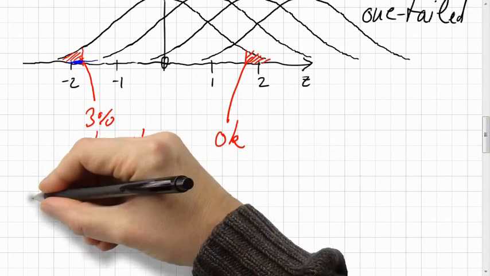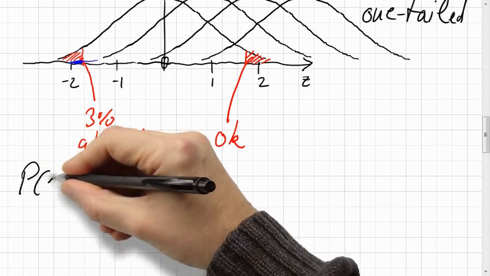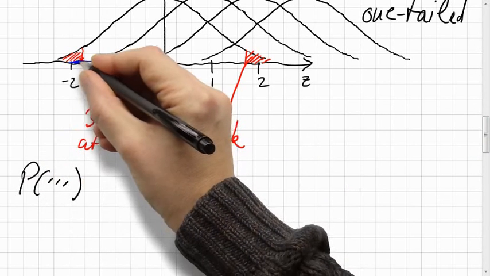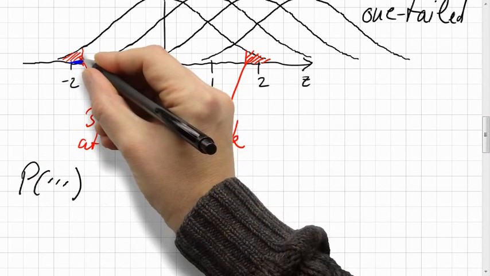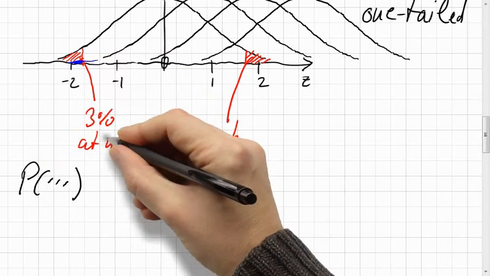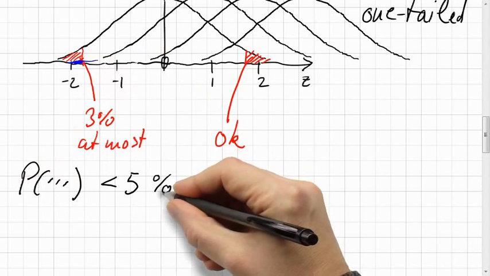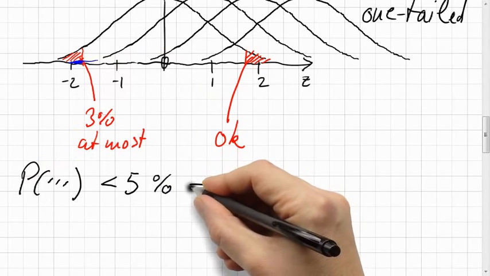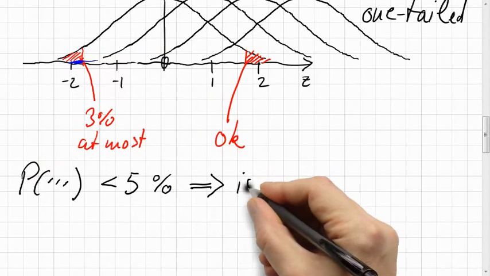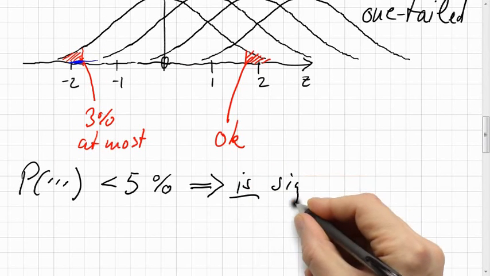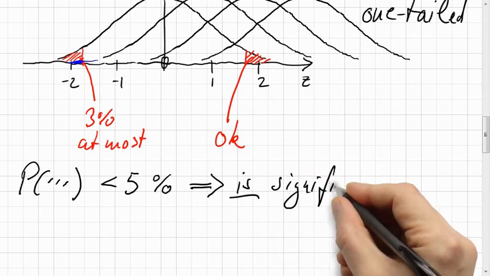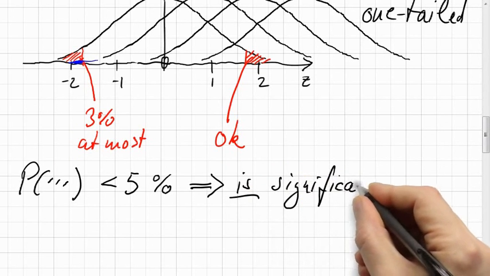And now comes the important part. What's the probability of ending up with that z-value, or a worse one? Well, that's 3%, which is smaller than 5%, the regular threshold for significance. So this is significant. Something has happened that is highly improbable.